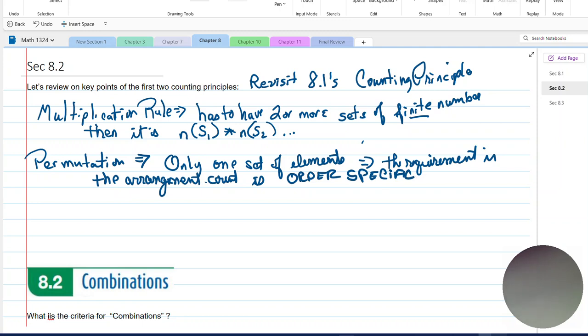And what we learned under permutation is we could use a factorial. In other words, whatever number we have, the factorial of it.